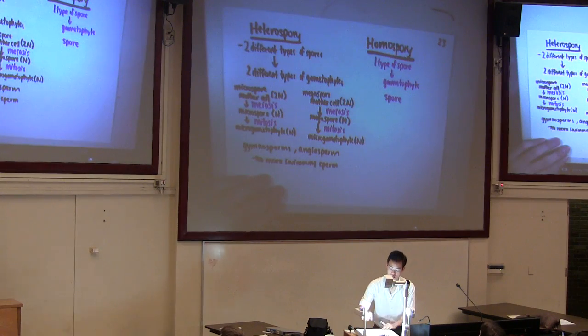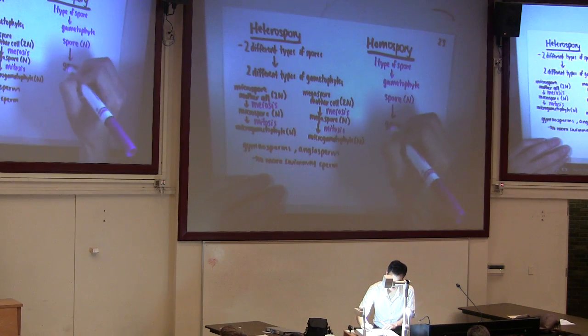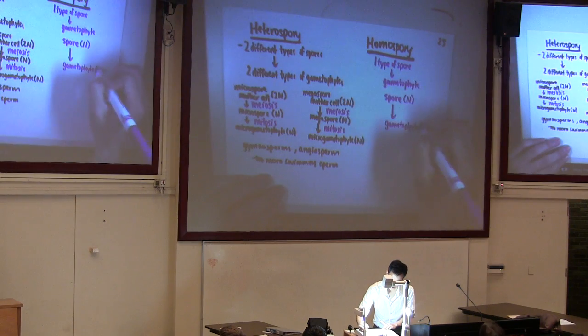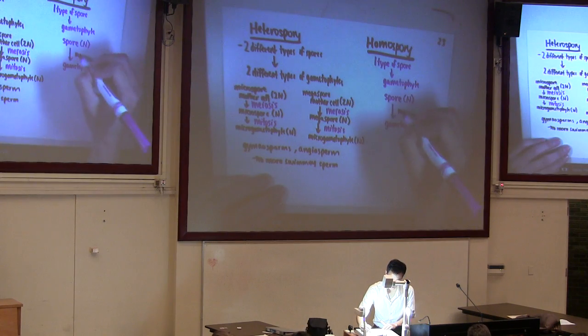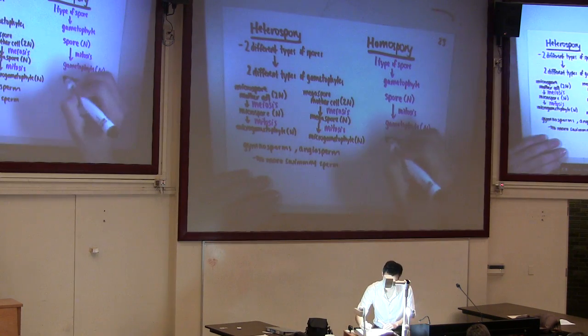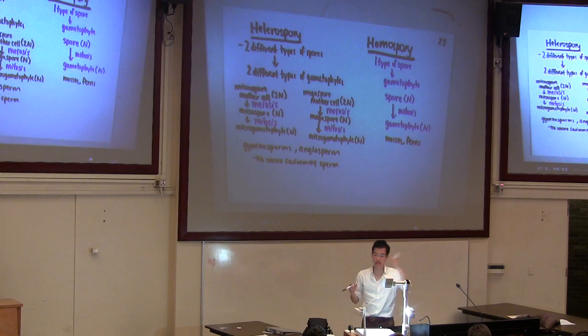Spore is haploid, produces your gametophyte, which is haploid. So this is mitosis. Okay. So what are examples of this? The mosses do this, and so do the ferns. You just have a spore produce a gametophyte.